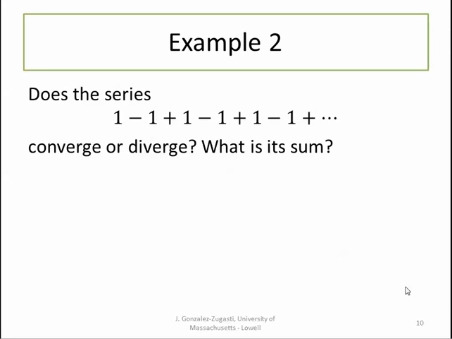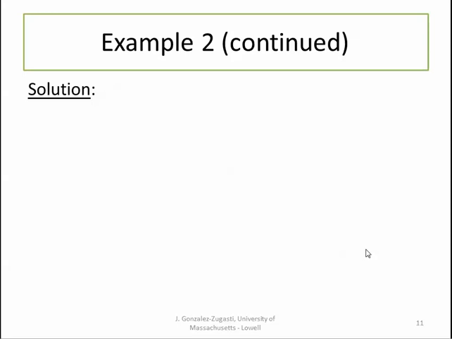For our next example, let's look at the infinite series 1 minus 1 plus 1 minus 1 and so forth. I want to know, does it converge or diverge? And if it converges, what is its sum? For this series, the partial sums are S sub 1 is equal to 1. S sub 2 is the sum of the first two terms, so that's 1 minus 1, that's 0.